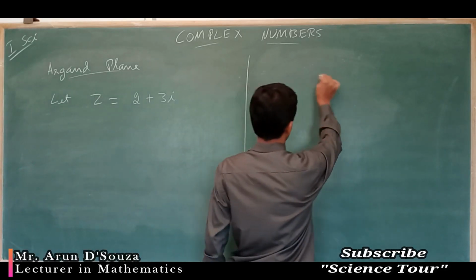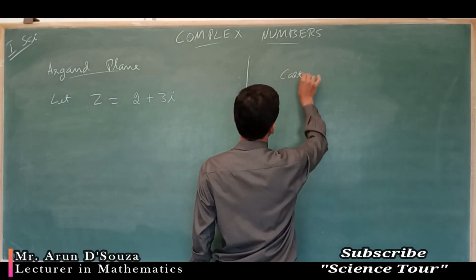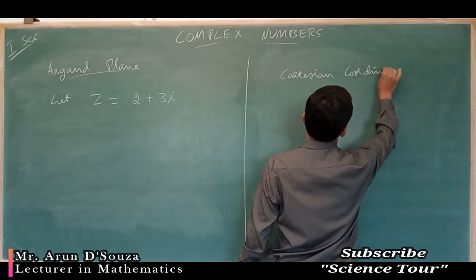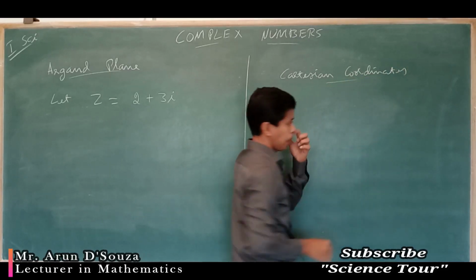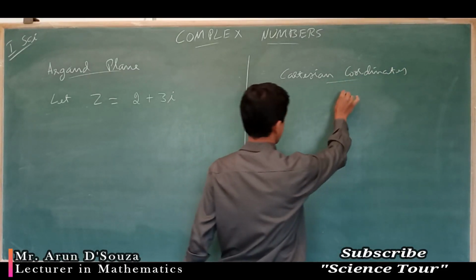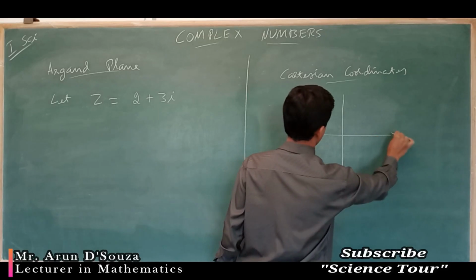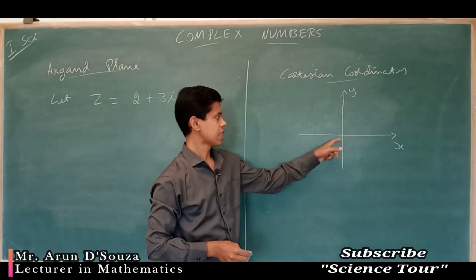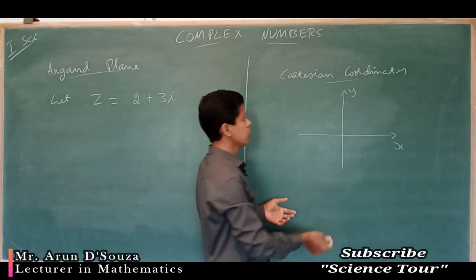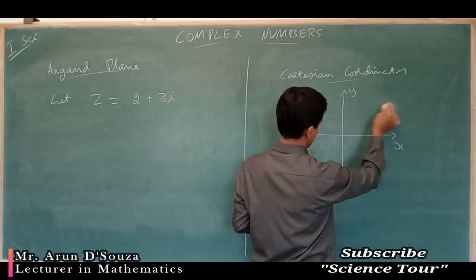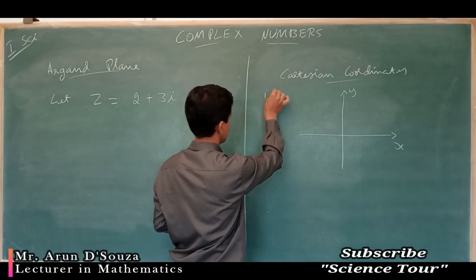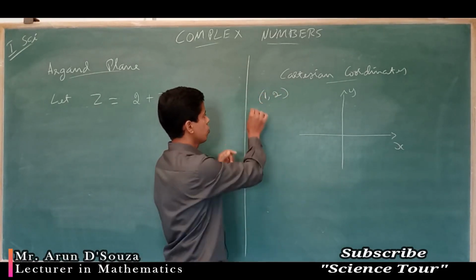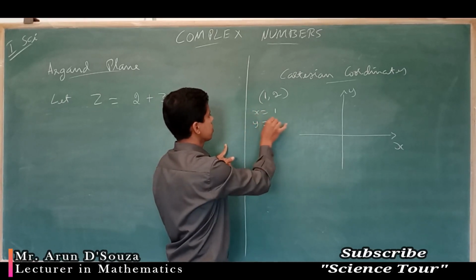See, in Cartesian coordinates, you have x-axis and the y-axis like this. So this is negative x-axis, negative y-axis, correct? So if you want to mark, let us say, (1, 2). So what do you mean by (1, 2)? X is equal to 1 here and y is equal to 2.